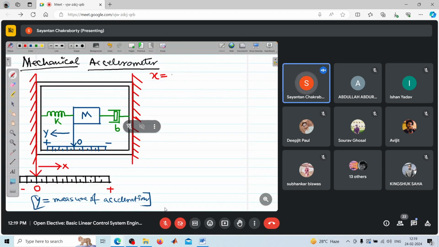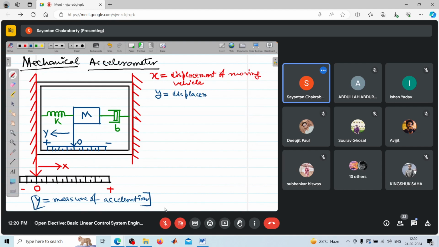displacement of the moving vehicle. Y is the displacement of the mass, right?